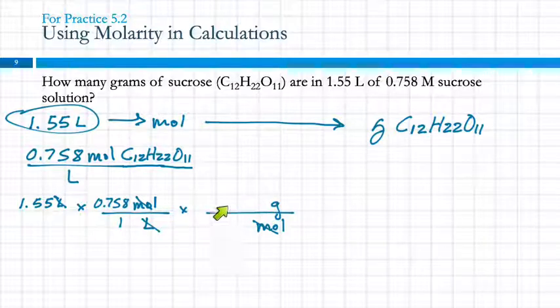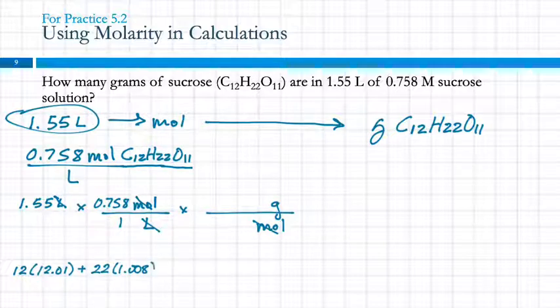And then this last term is grams per mole, and that number's not given in the problem. But we have the chemical formula, and so we can calculate it using the periodic table. So there's 12 carbons times the mass of carbon, and 22 hydrogens, and 11 oxygens.